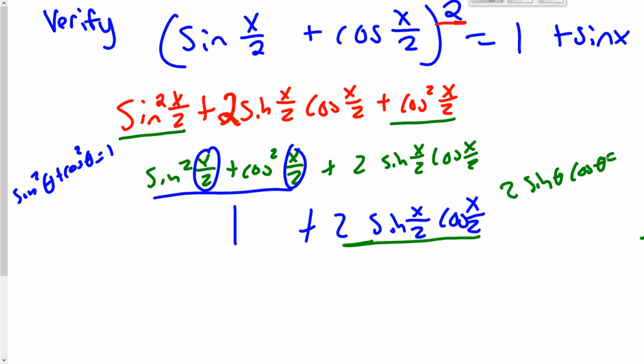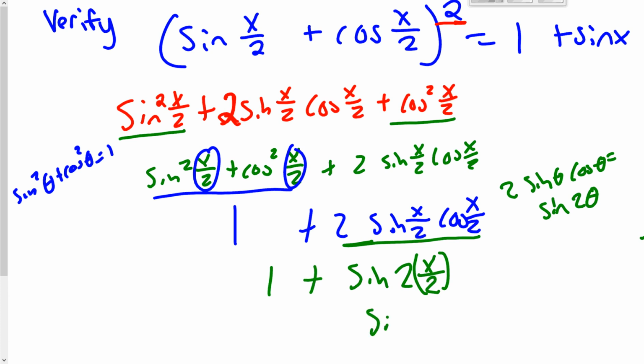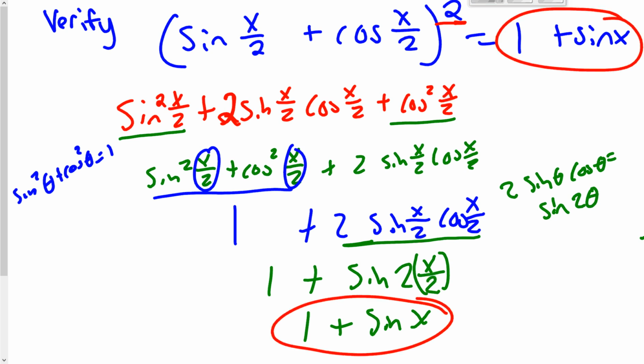Well, that's equal to the double angle of sine, right? So we can write this double angle of sine, and our angle that we're dealing with is x over 2. And then 1 plus that, and so the 2's would cancel, so we just get sine x plus 1. And then that's what our other side looks like, right? This side looks like this side. So we're done.